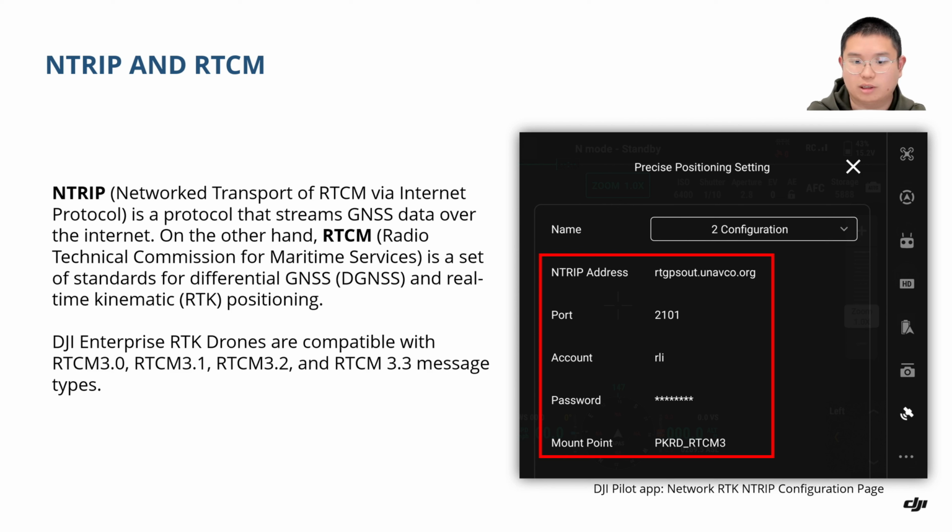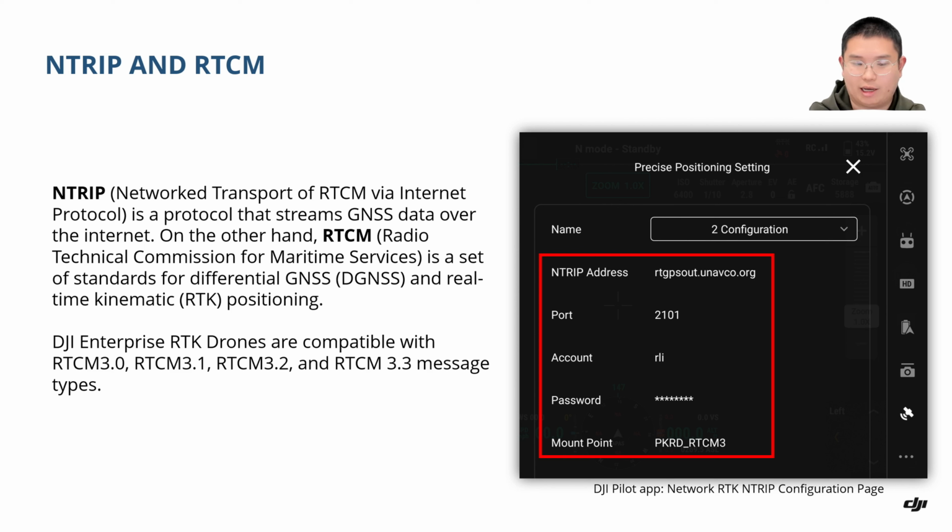So to configure NTRIP, you need to input some settings. On the right side, I have a screenshot from the DJI Pilot 2 application. As you can see, you need to input the NTRIP configuration there to establish the connection with network RTK.